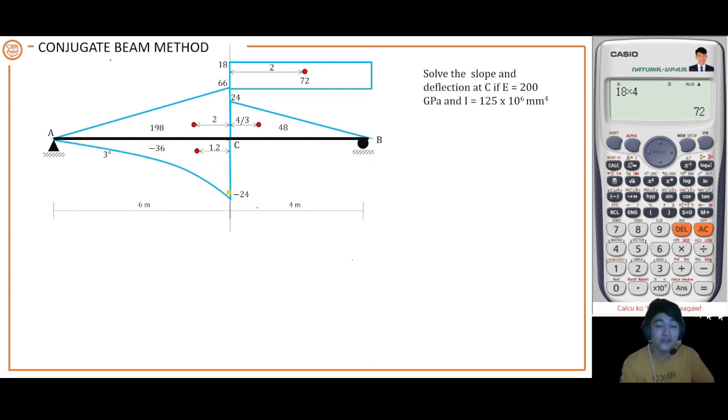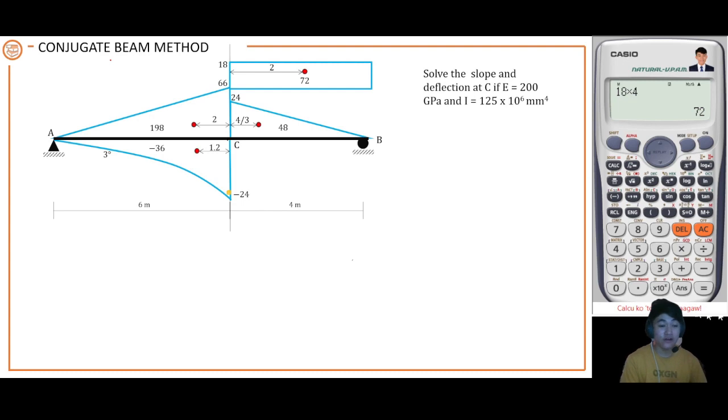We're now ready to solve the deflection and rotation at point C. By the definition of the conjugate beam, the deflection is your moment. To solve the deflection, you have to solve the moment of your conjugate beam.